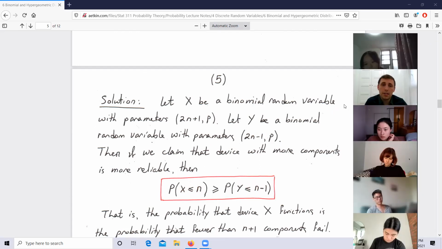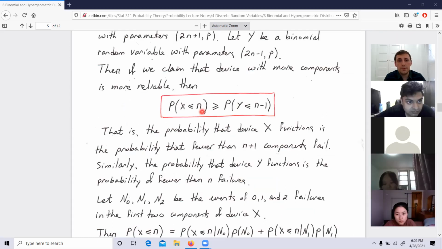Do you agree? You understand where I got the numbers n and n minus 1? N minus 1 is the mark where, if you have fewer than this number failing, the machine functions. X and Y represent engine failure, right? So each of those machines will function if more than half of the engines are still functional.